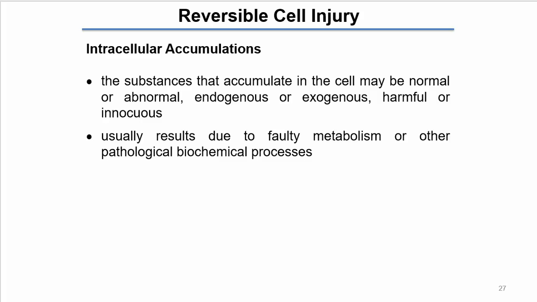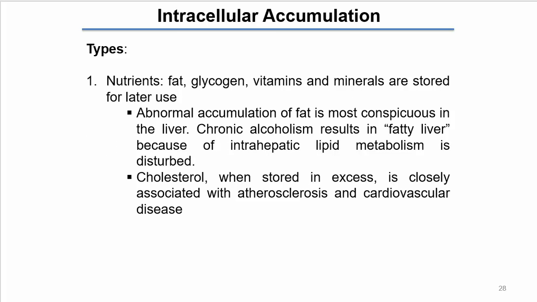It usually has to do with some sort of faulty metabolism of the cell. The cell isn't processing things correctly, or there's some biochemical processes that are happening that are related to the pathology, like various toxins can cause this accumulation. So there's a couple of different types of things that accumulate. One is nutrients. The two big ones that matter are fat and glycogen.